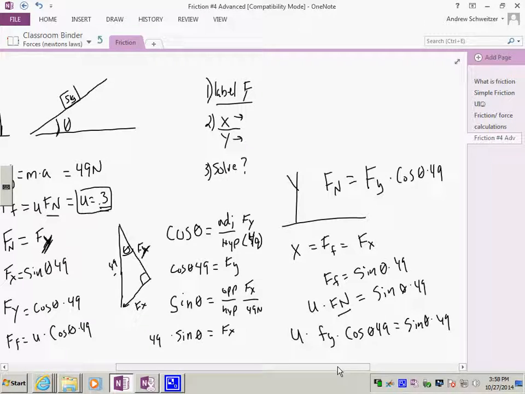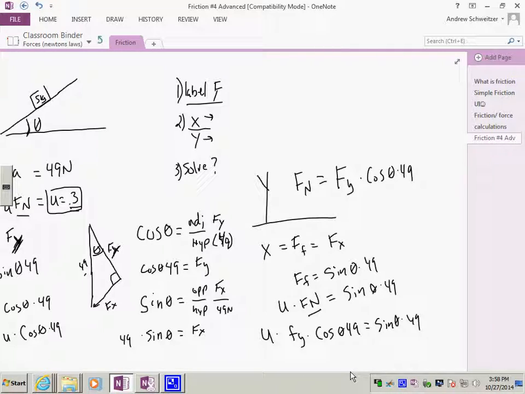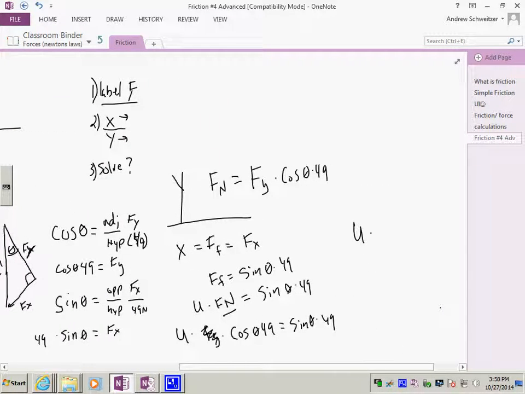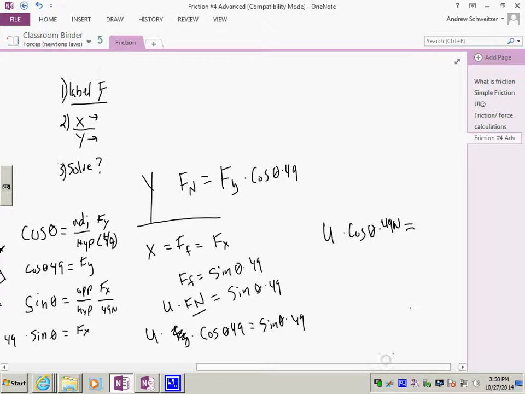At this point, all we have left is the coefficient of friction times the cosine of the angle times 49 newtons equals the sine of the angle times 49 newtons.